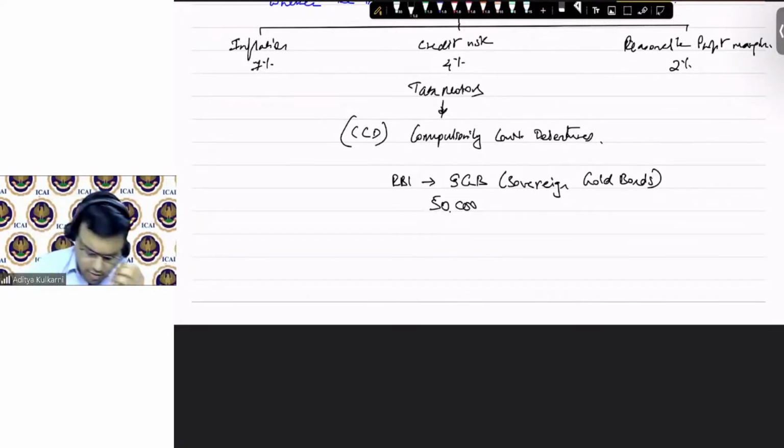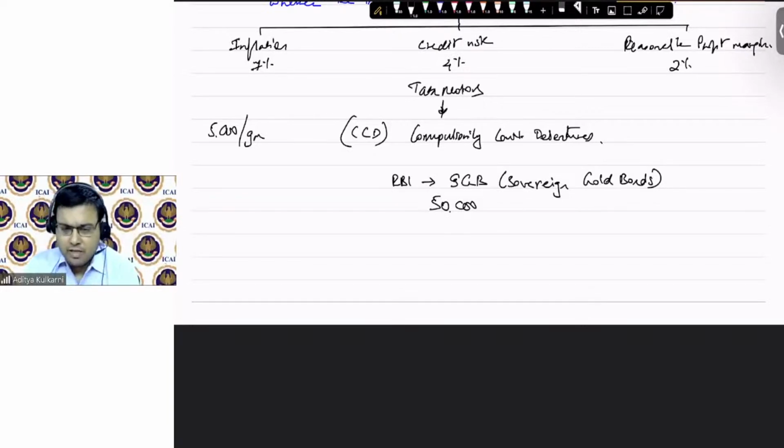On the date when you invested, gold was having a value of 5,000 rupees per gram. Okay, fine. So you invested. You will get 2.5% interest also per annum. Okay. At the end of the life of the bond, 8 साल बीत गए, you held up till maturity.